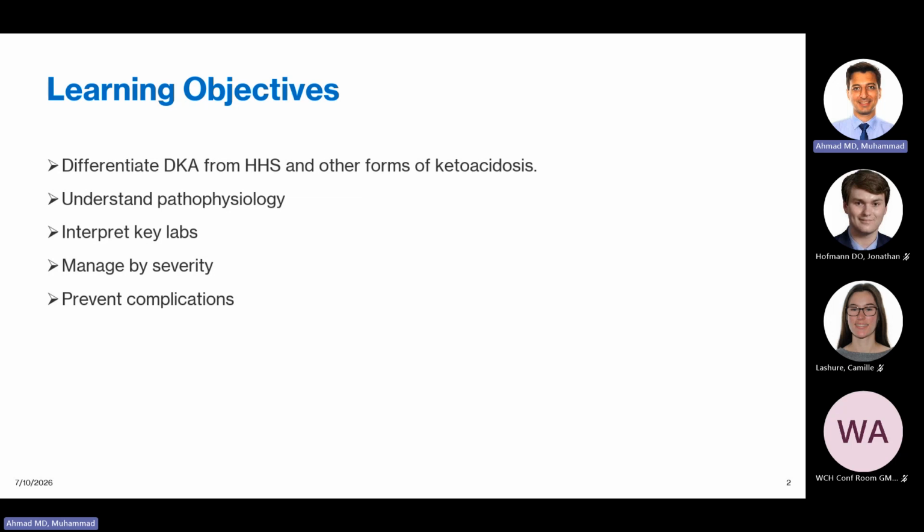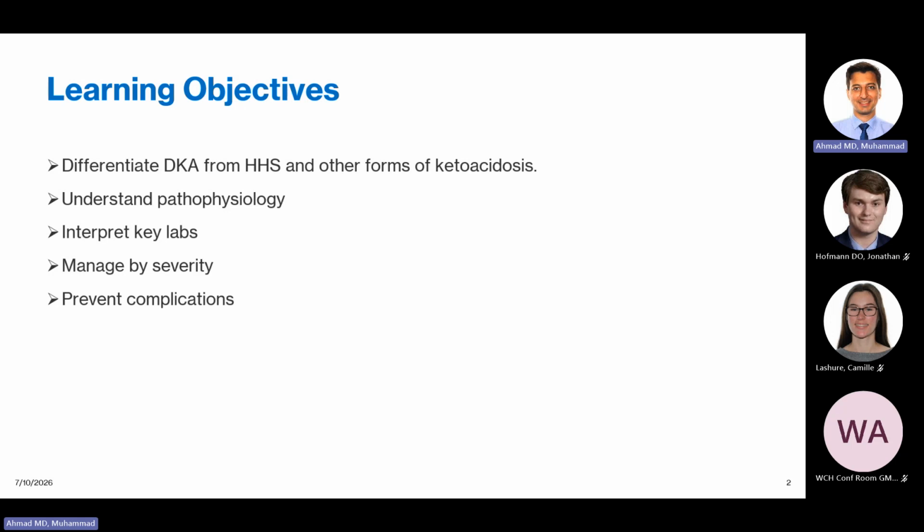We will learn what the other types of ketoacidosis are, what the pathophysiology is, what drives the development of diabetic ketoacidosis, and how to interpret labs throughout the management of DKA, during the initial diagnosis and during the resolution of DKA, as well as HHS. And we have to know how to manage both of these conditions.